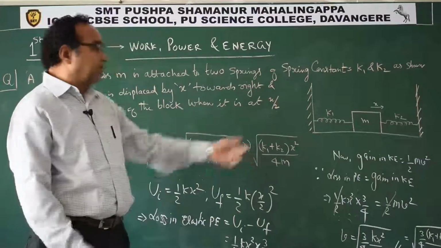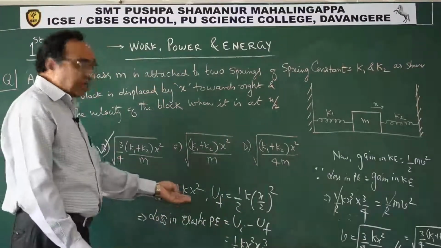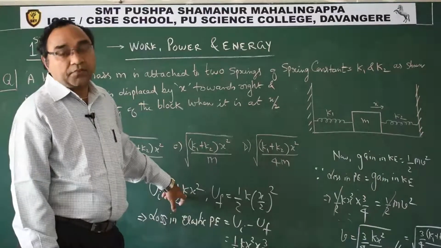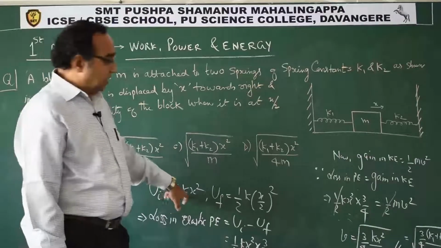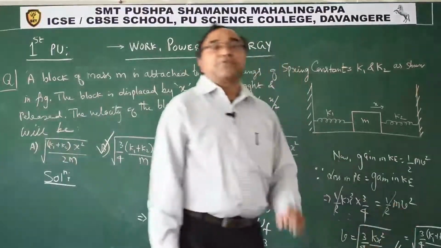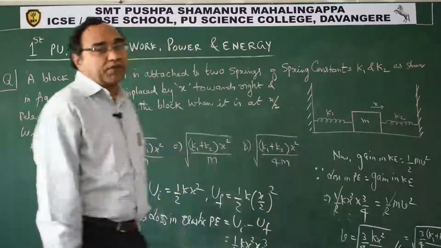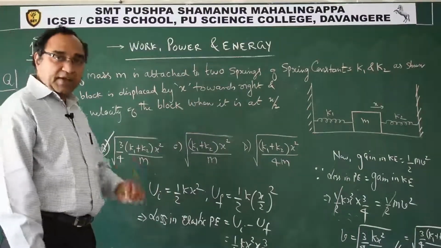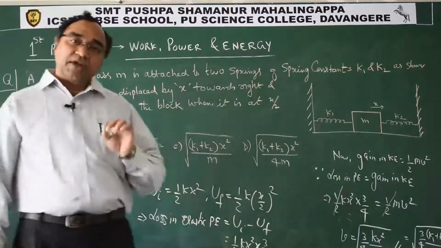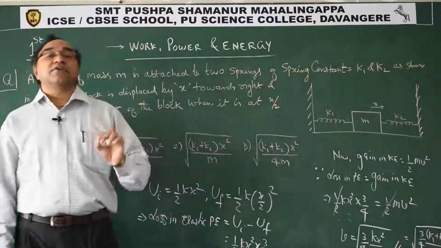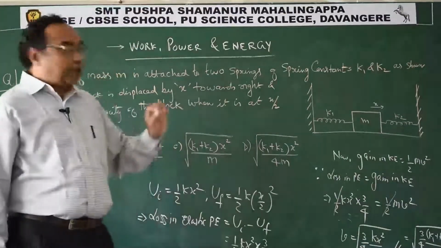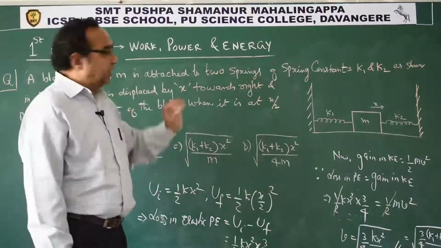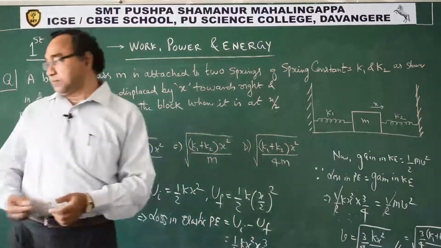So here I have taken k as the equivalent spring constant, and in the end I have substituted the value of the equivalent spring constant. This is how we can solve such questions. Again students, here we are using the concept of conservation of energy. So please understand how to use this conservation of energy in different situations.